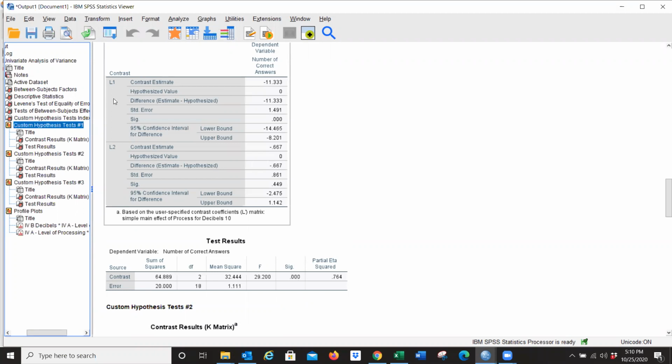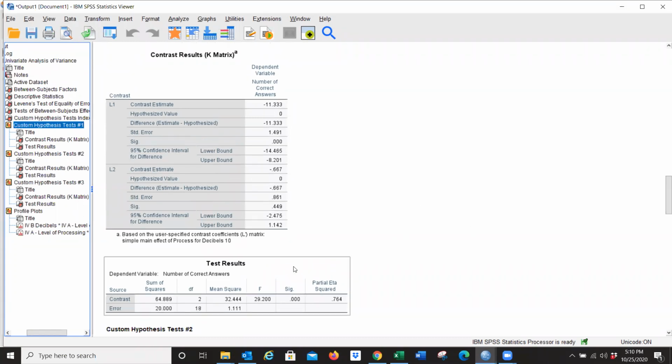Here's comparison 1, and that comparison compared our low versus medium and high combined. And this comparison compared medium versus high. And here's the significance level. The first one was significant, the second one was not. So in my perfect world, I would flip it. I would put the simple main effect first and then follow up with the comparison. But that's not the way it's presented.